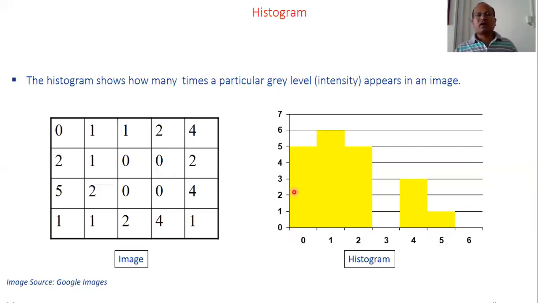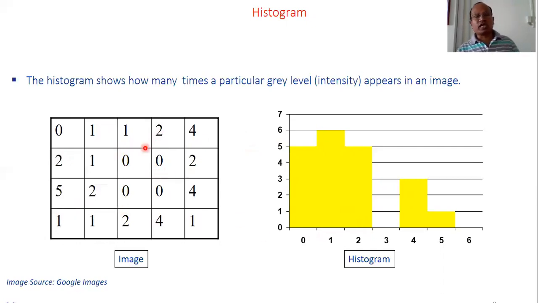If you see this histogram, 0 has 5. Intensity value 1 has 6 pixels; count here 1, 2, 3, 4, 5, 6. Intensity value 2 has 5 pixels; count the number of 2s, 1, 2, 3, 4, and 5.